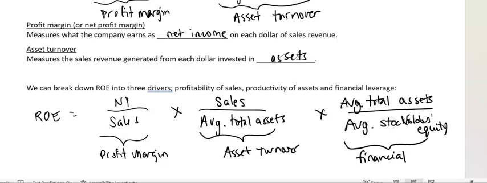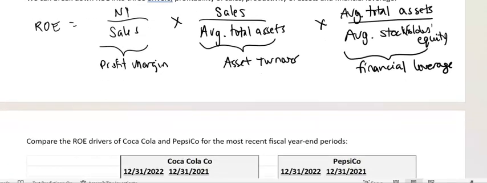And this allows the analyst or the manager, when looking at ROE, to really identify where might our weaknesses be, where might we be able to improve.